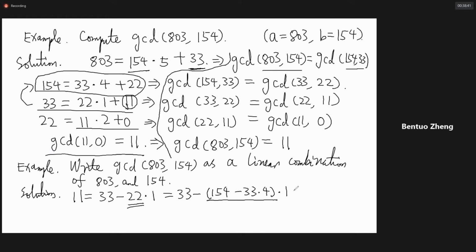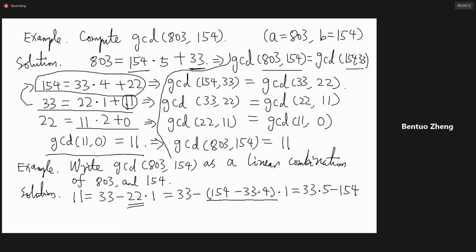Now we need to simplify this representation. So this is 33 minus how many 33s? Don't compute. What you are doing is to just keep those numbers like 33, 154. You just write it as 33 times 5 in this case minus 154.